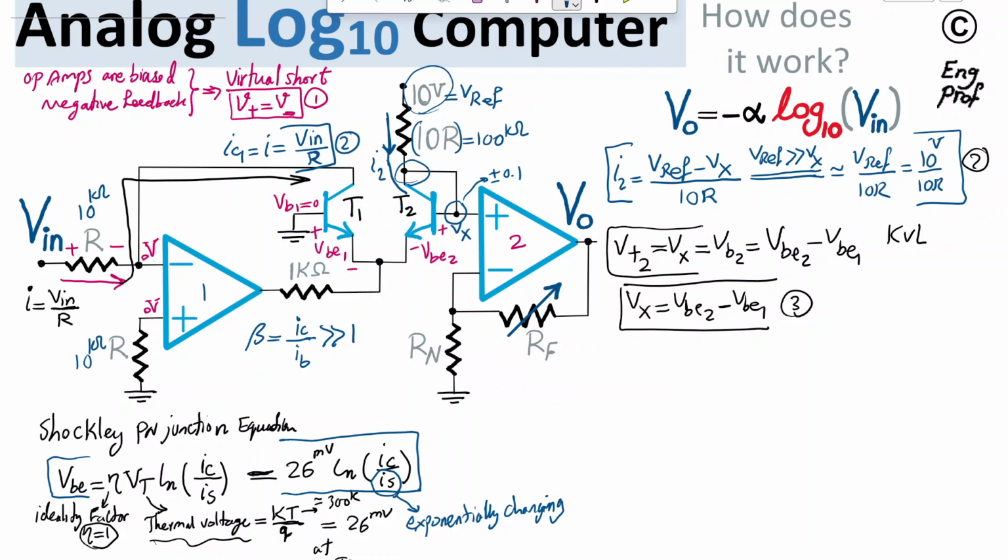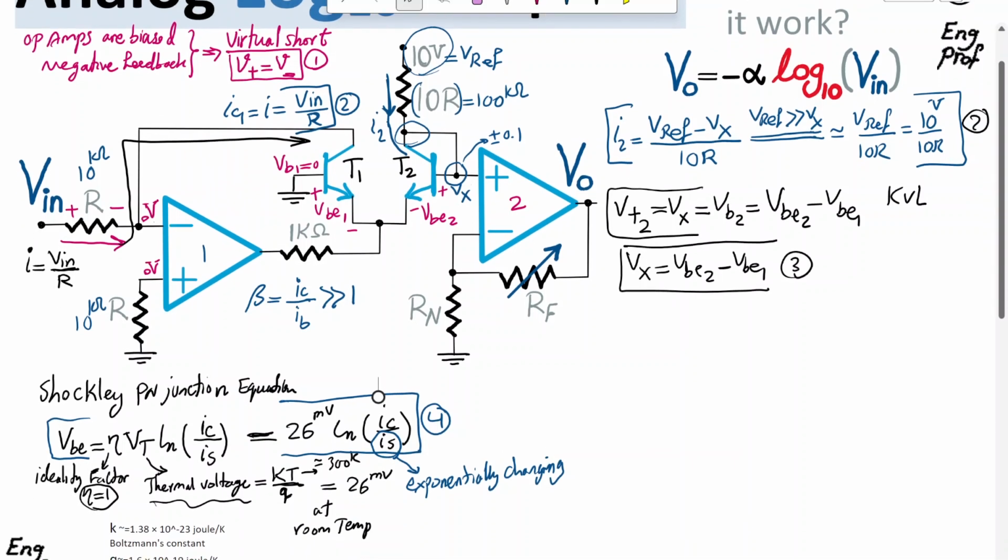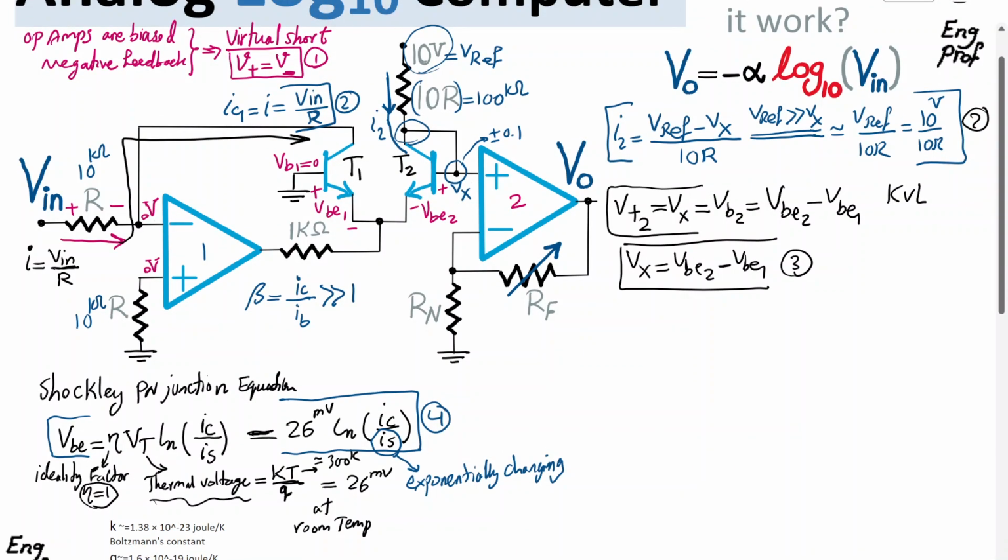So let's go back to equation 3 and substitute for VBE2 and VBE1 using the Shockley current-voltage equation that I just discussed. So this is equation 4, and I'm going to apply it to what we just talked about.